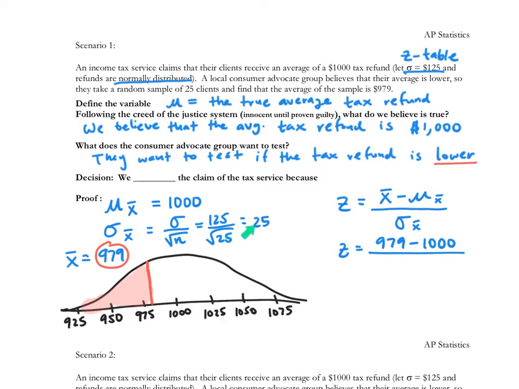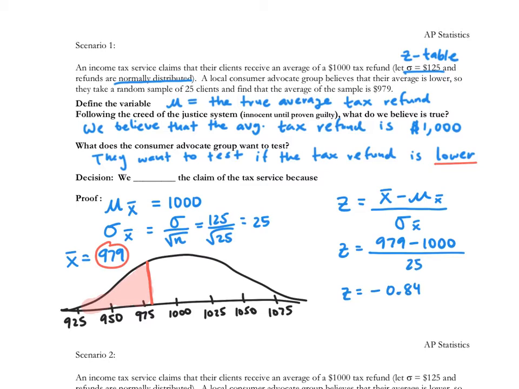It's the one we calculated here, it's 25, right? So divided by 25 gives me a z-value of negative 0.84.